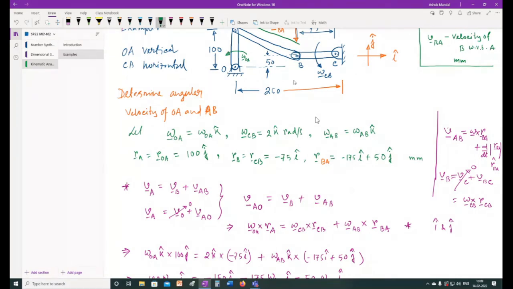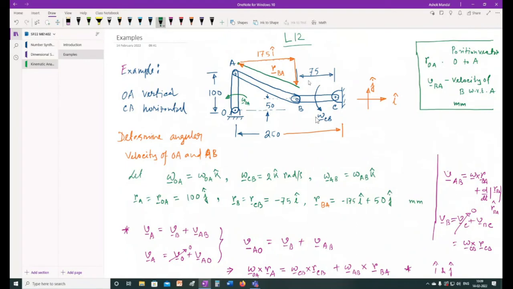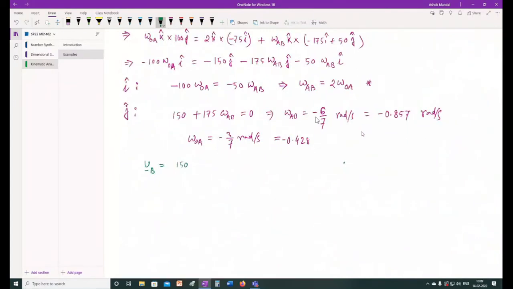Yes, sir. From point C we will draw VB. VB, how will you draw and what is the value? The value will be 75 multiplied with this omega CB, which is 150, right? In the graphical method we do it like this, right? Yes, sir.